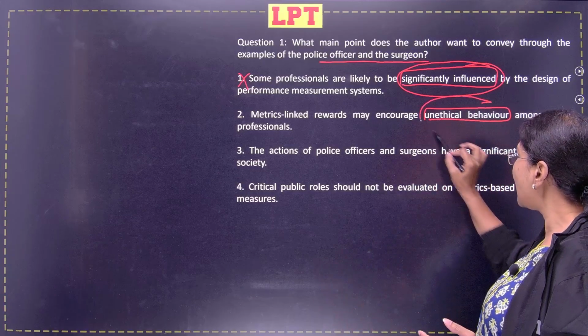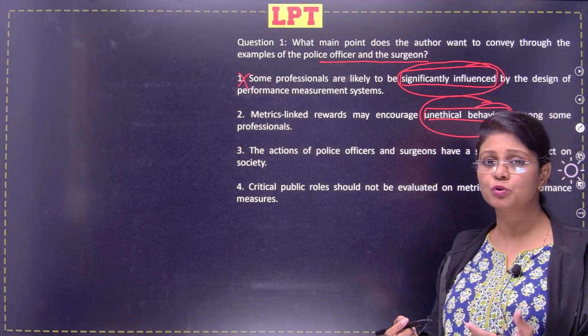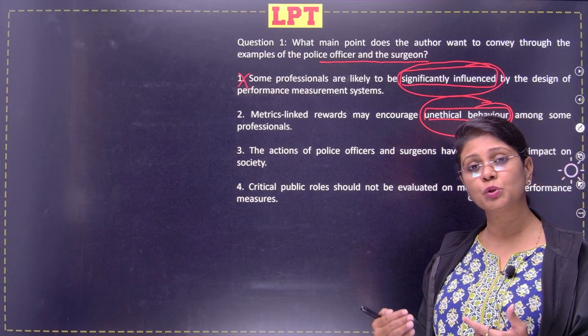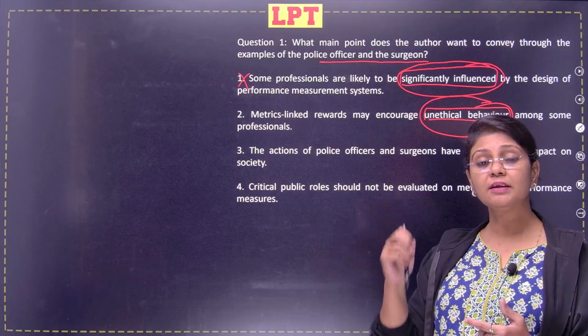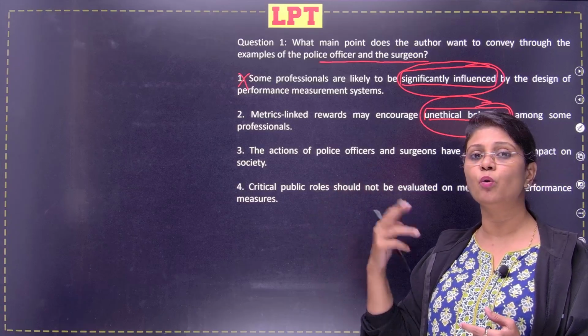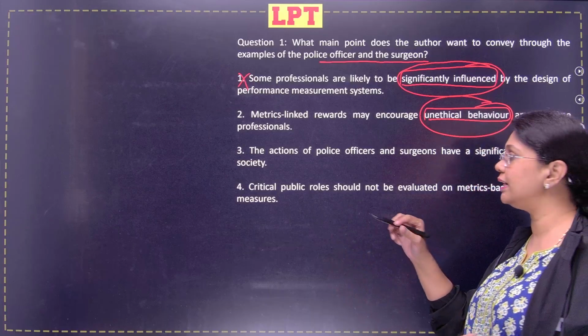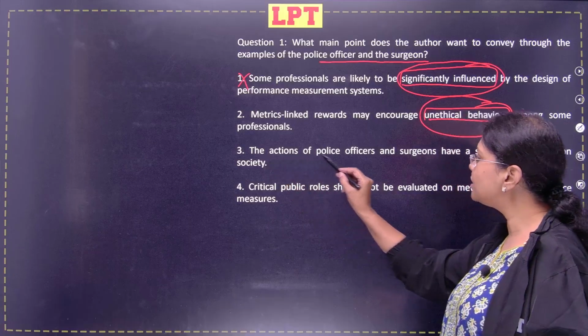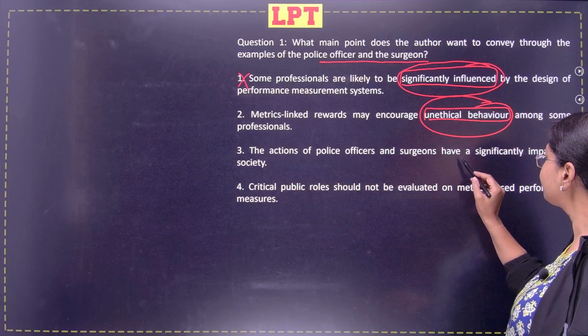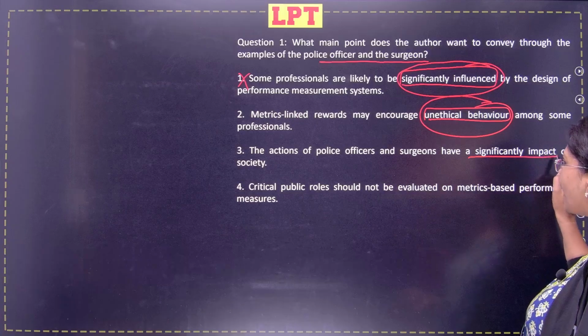So it says unethical behavior, very close to what we were looking for, but let us also evaluate the other two options. If we find something better than this, then we'll go for that option. If not, we will stick with option B. Let's look at what C has to say. It says the actions of police officers and surgeons have a significant impact on society.